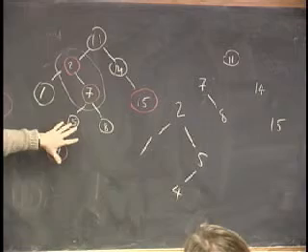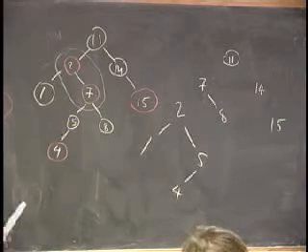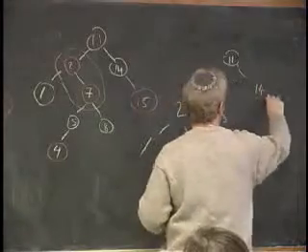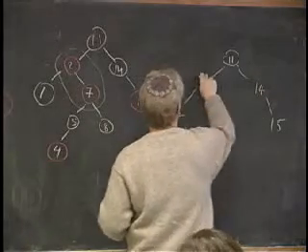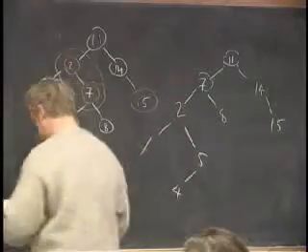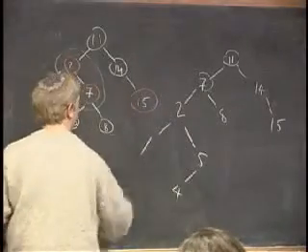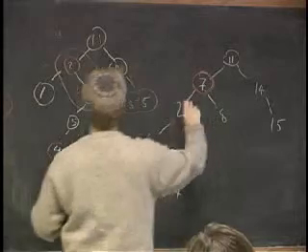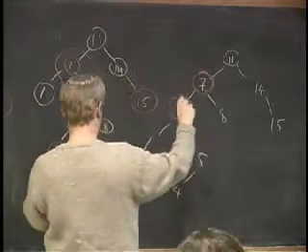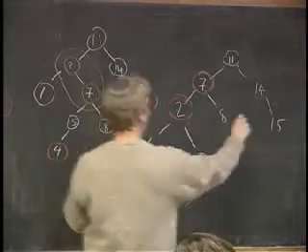Everybody see the rotation? This is the trickiest thing I've done all day probably. So let's make sure everybody gets it. Put these lines in. I've got to color these with the right colors. Red. Red. Red.